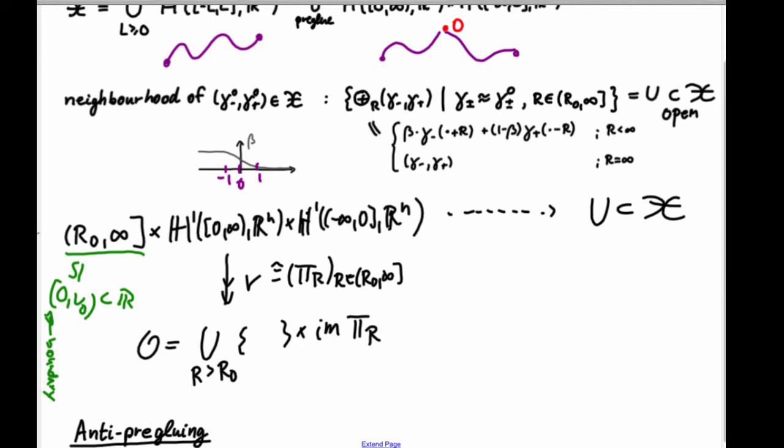This choice here actually ends up being pretty subtle. That's why it has a name. So the choice of this homeomorphism is called gluing profile. And I'm going to call it V, right?